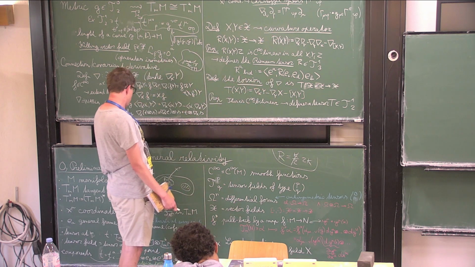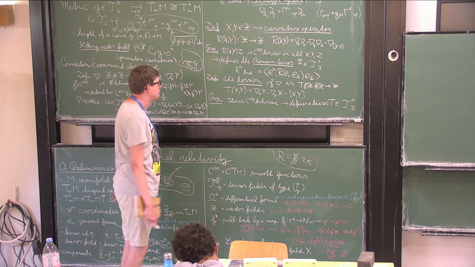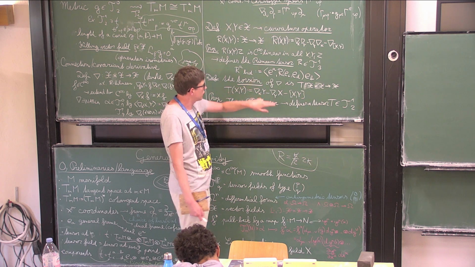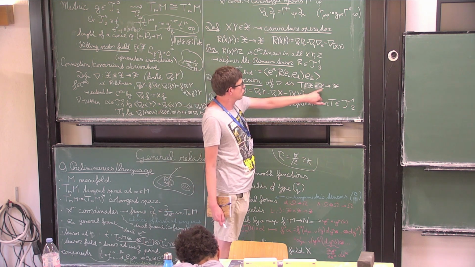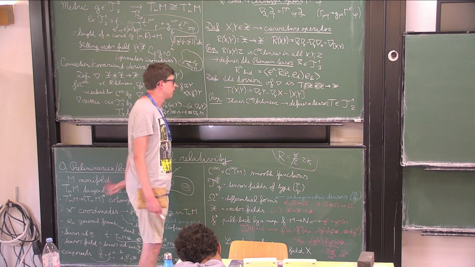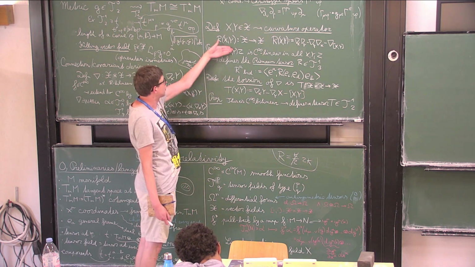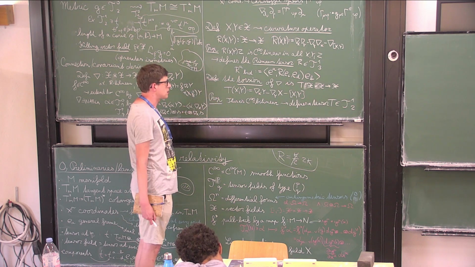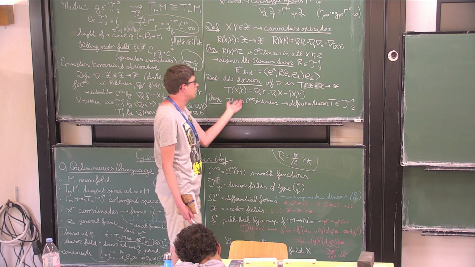And one last thing that I prepared is the torsion. Torsion of a connection is a concept defined for any connection. So fix a connection, then you define torsion to be this map that takes two vector fields and creates a new one, and this is the explicit formula. Again, similar to the curvature, it's slightly non-trivial but not difficult to see that this is a tensor.